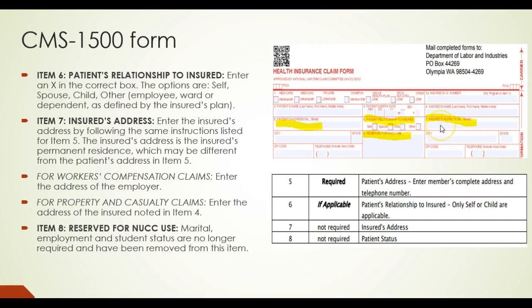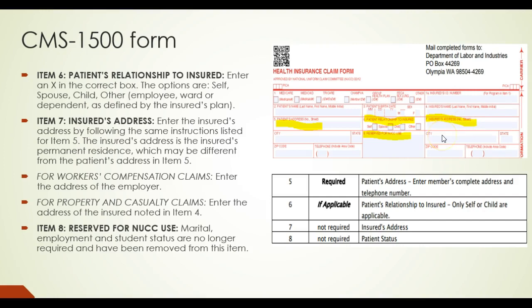Box number 7, that's not usually required. Only if, again, for example, if we were using a child, you would enter that insured's address with the same instructions listed for number 5.